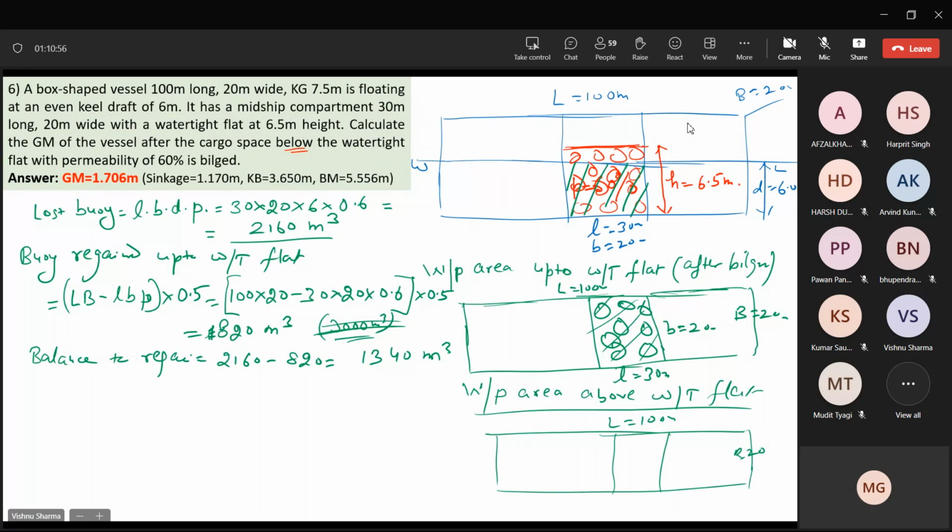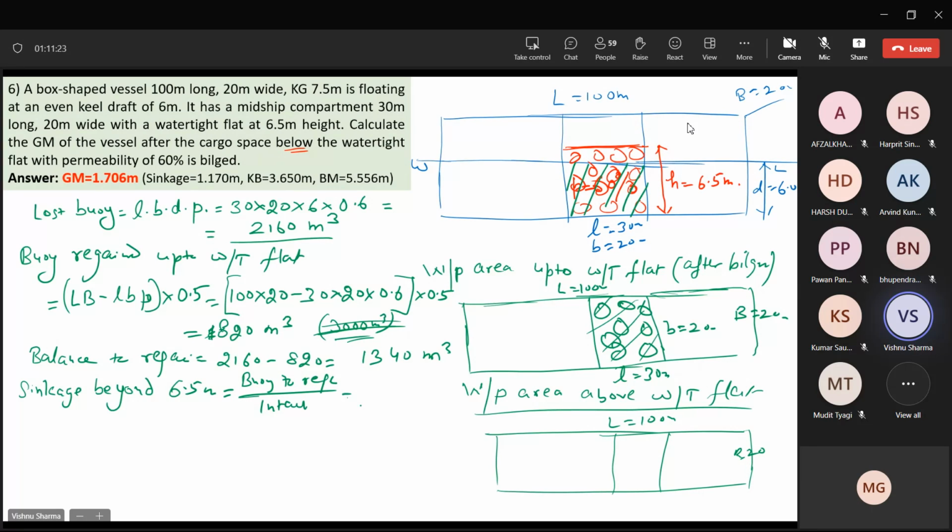So, sinkage beyond 6.5 meters, beyond H. Why? Because 820 is already regained up to H. I need to regain 1340 more. That buoyancy will be regained upon the intact water plane.